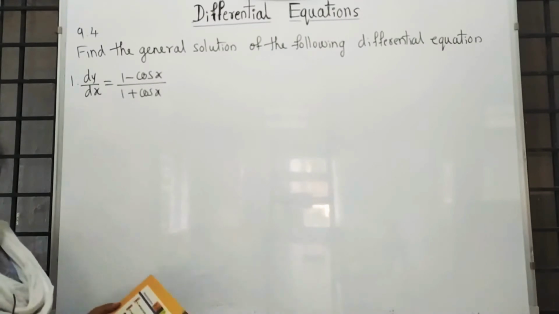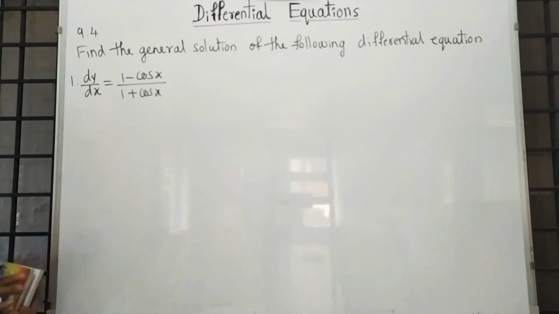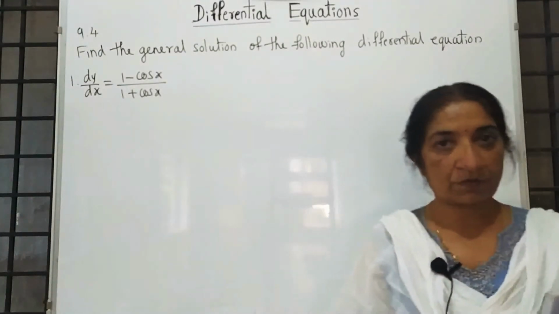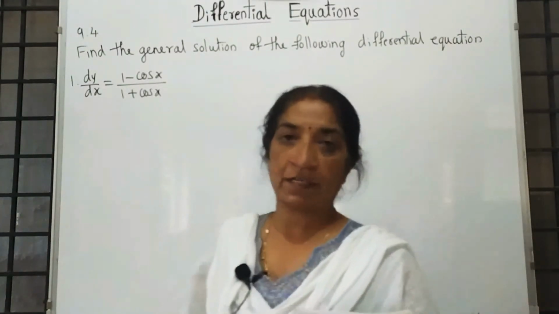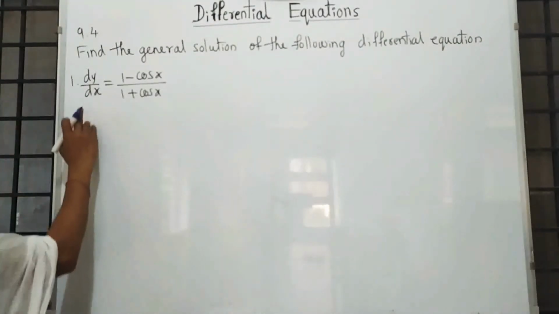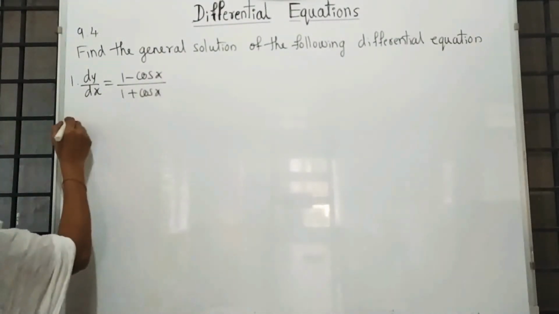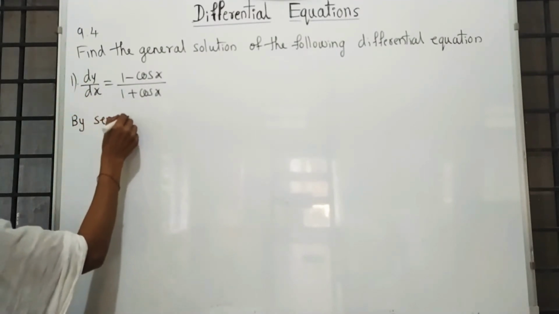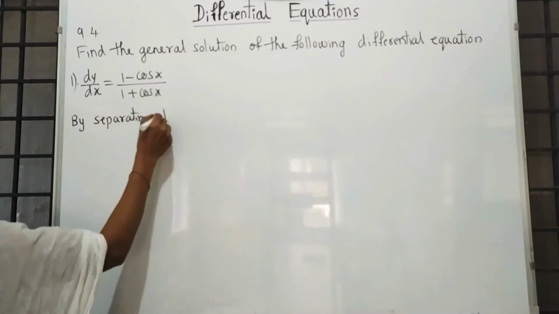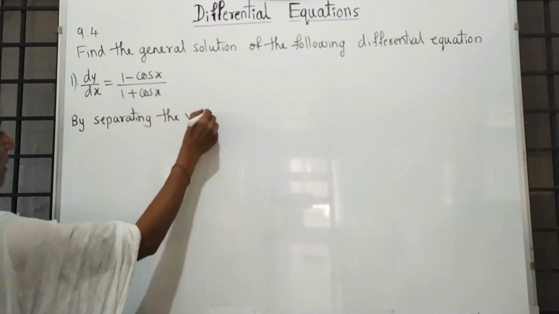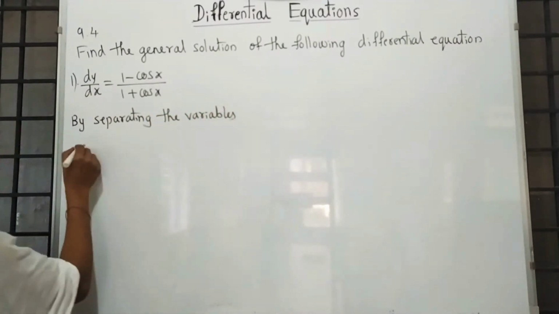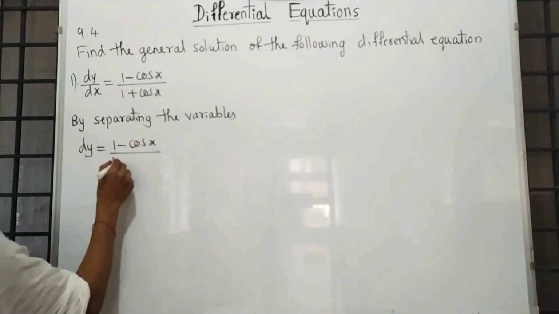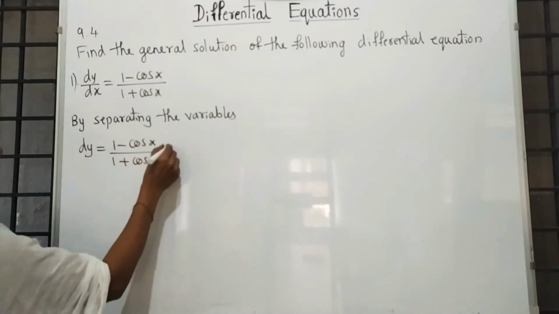See, already you are familiar, you can separate dy and dx, one thing. And with dx we required x terms. With dy we required y terms. There is no y terms, you don't worry about that. Just if you take dx on this side, so for that you can write by separating the variables. Dy is equal to 1 minus cos x upon 1 plus cos x into dx.